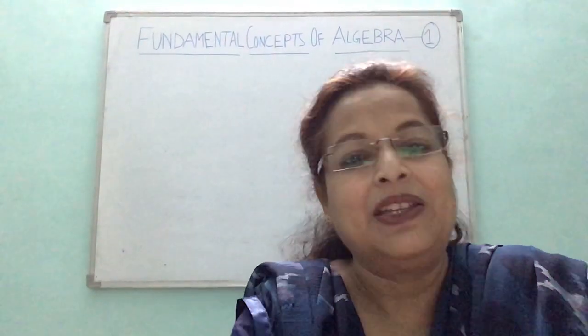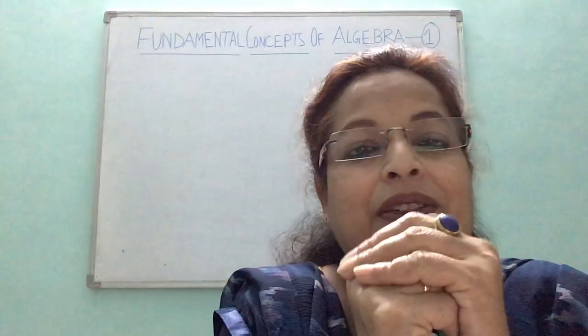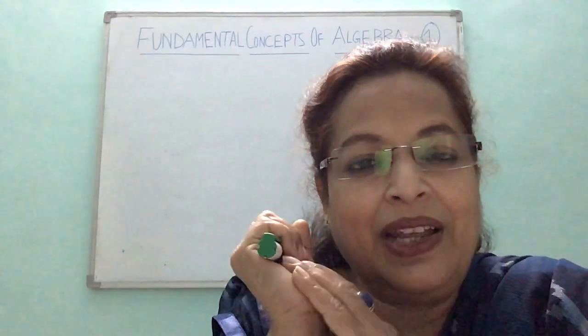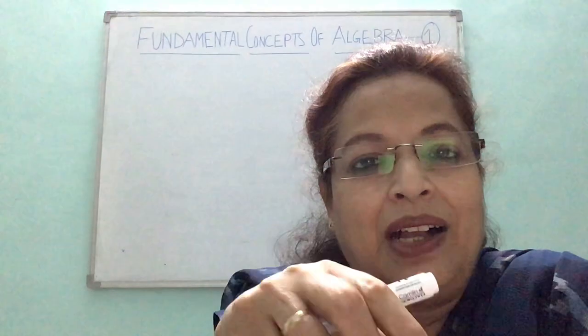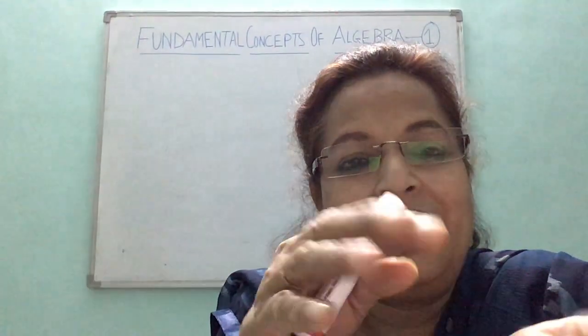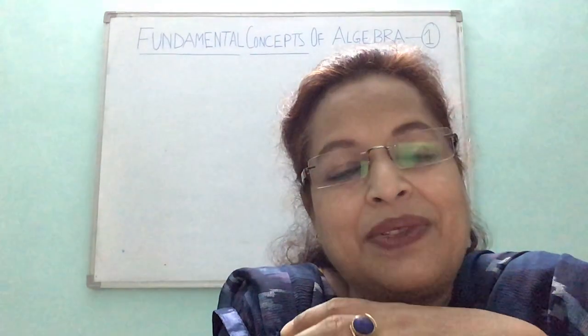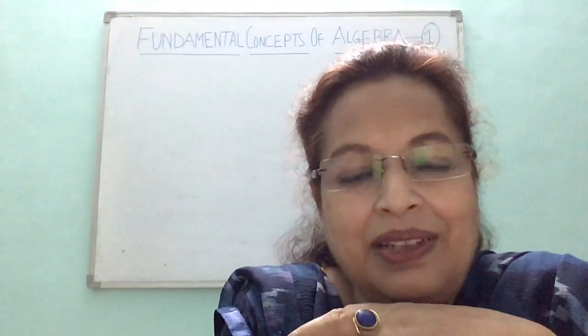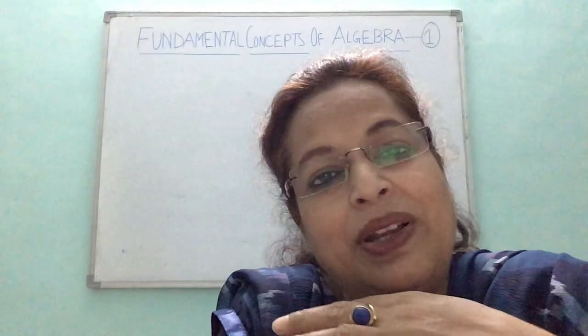Well, suppose I have a bag full of sweets, right? And I take out 30 sweets, and I say there are 12 sweets left in the bag. Now, how many sweets were there?